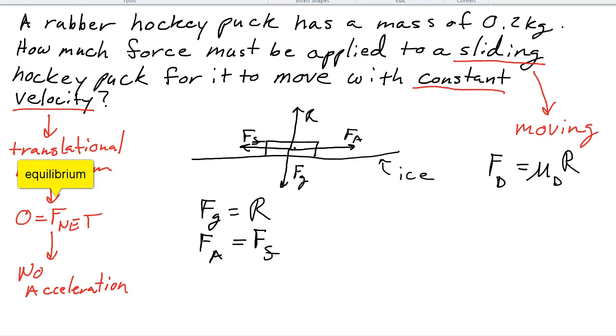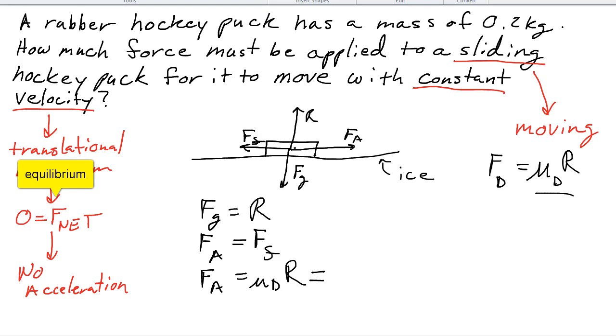I do a little quick substitution. I know my force of friction is my force of dynamic friction in this case, so I can drop this term over here. My coefficient of dynamic friction times the reaction force is equal to my force applied to keep the object moving at a constant rate.